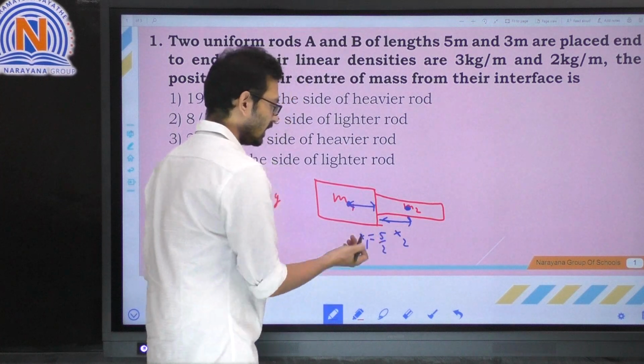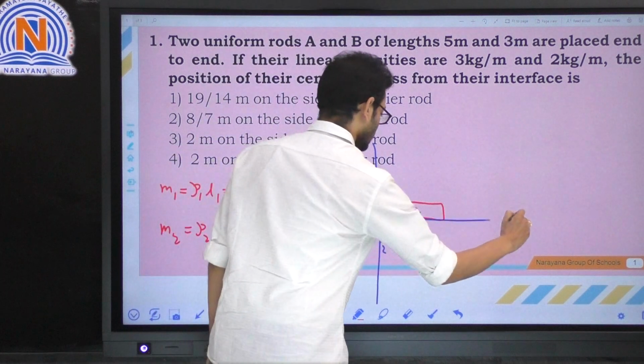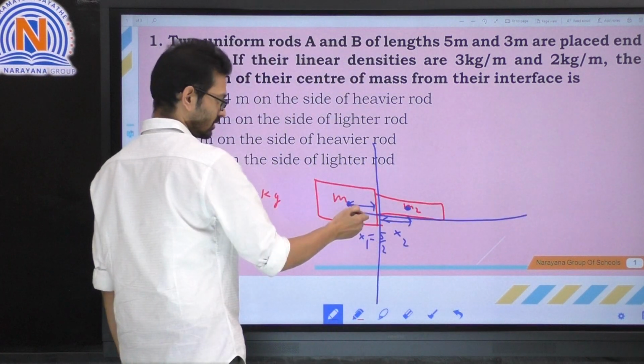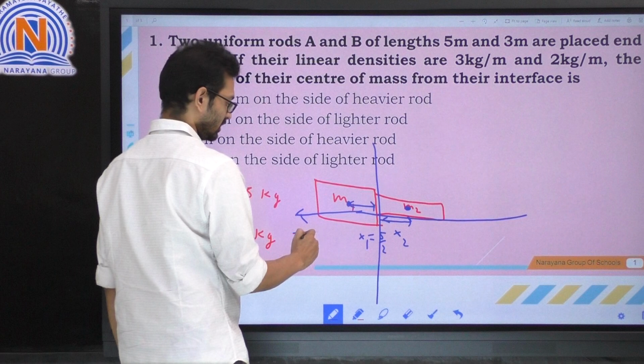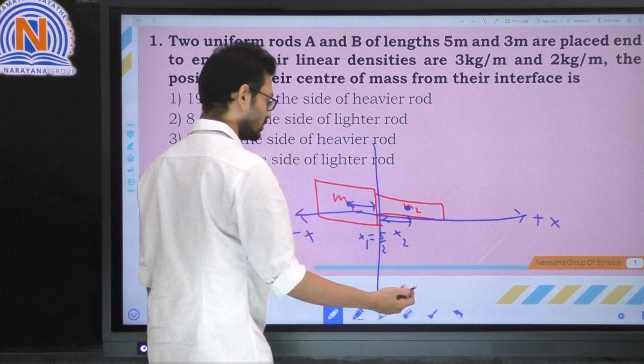If you draw a Cartesian coordinate, this is minus x and this is plus x, which is positive.